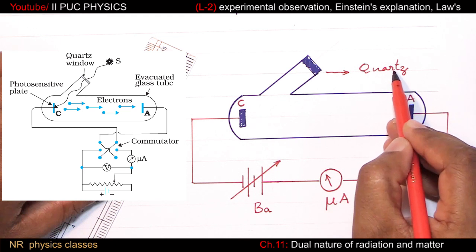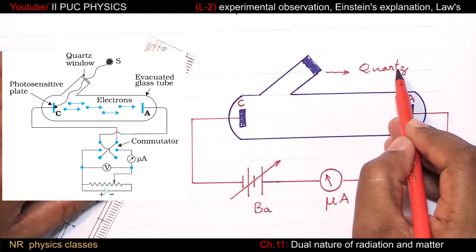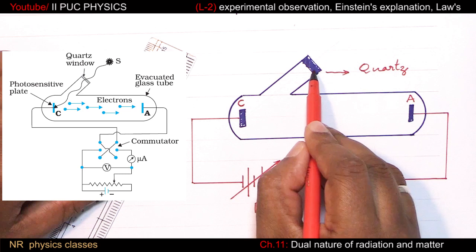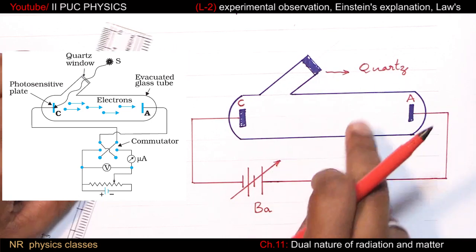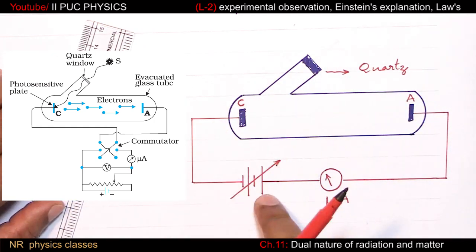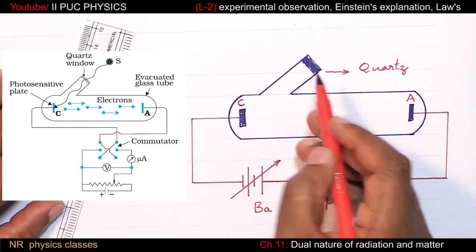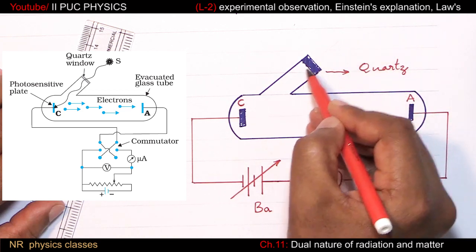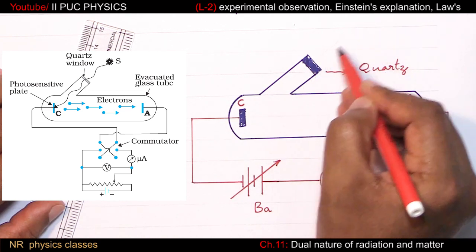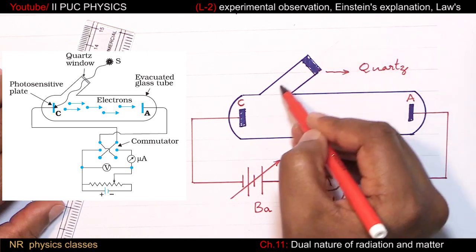Why quartz? Quartz is transparent for ultraviolet, visible and IR. Since this is an experimental setup, it is always better to have an arrangement which can allow all the radiation, UV, visible and IR, to pass through.